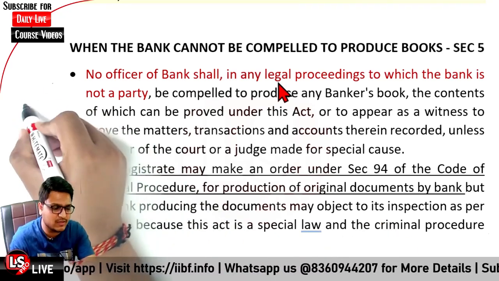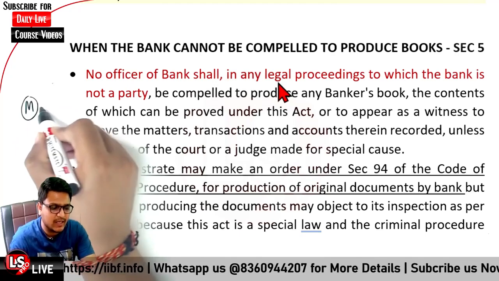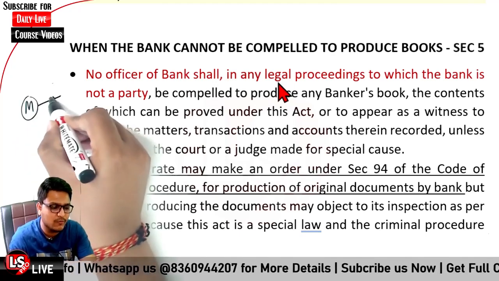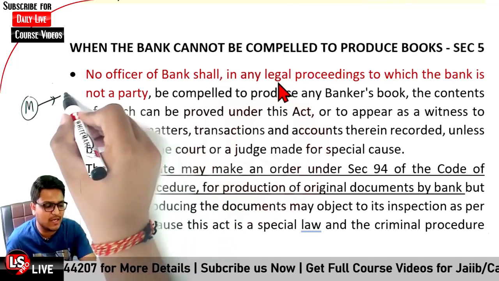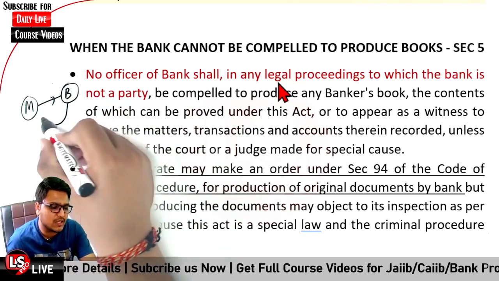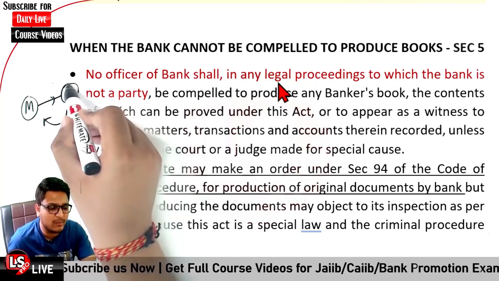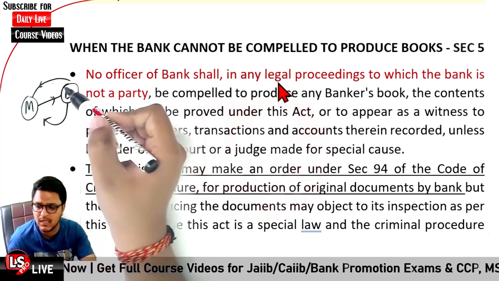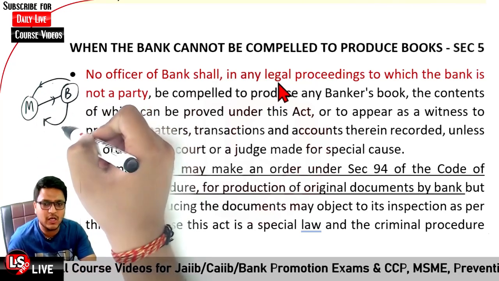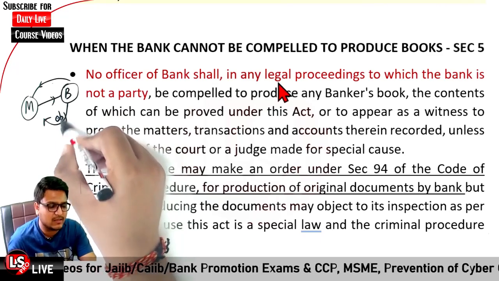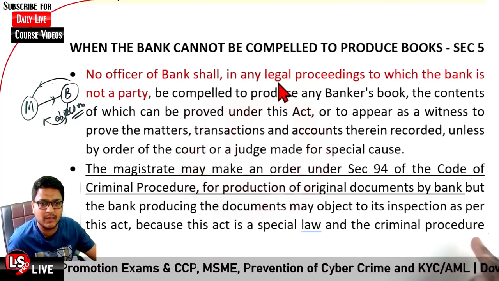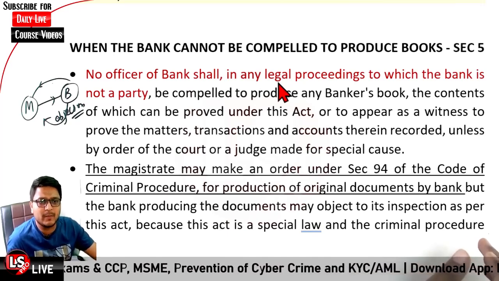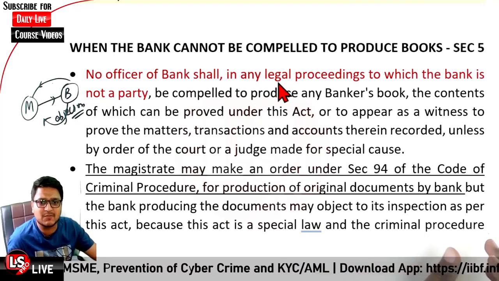So we can say if magistrate M orders inspection of the original documents, and bank B makes an objection to it, it may be the case that the bank produces the documents, or it may be the case that the bank raises an objection.